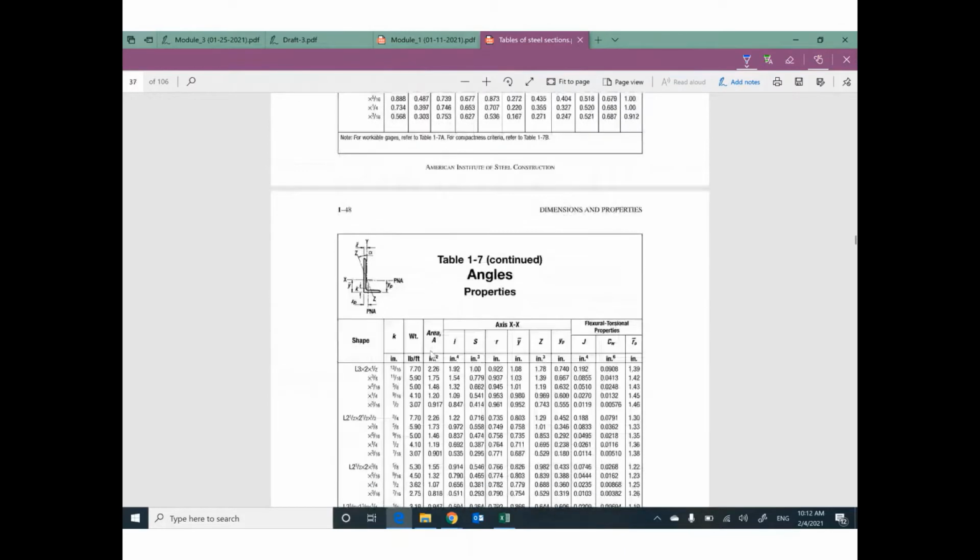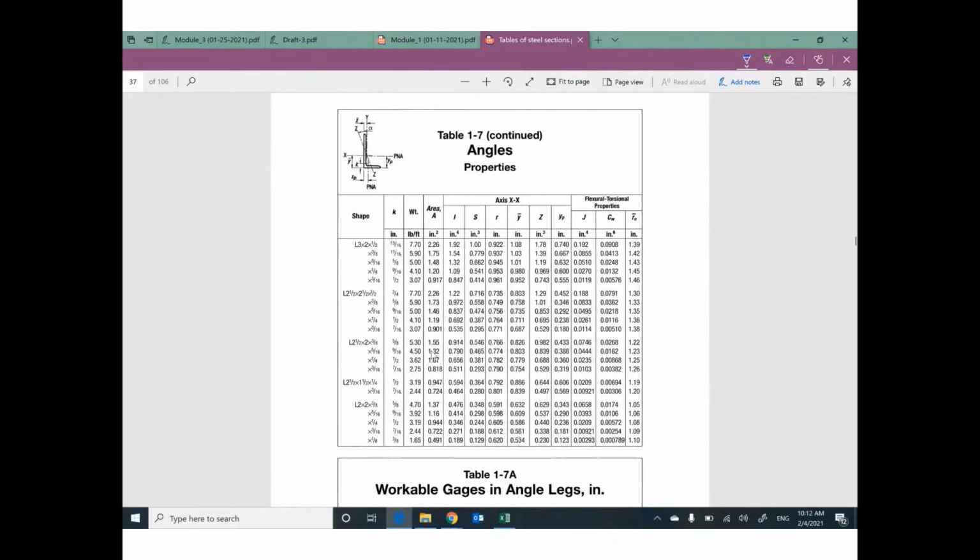Do we have 2 by 2? Yes, we have 2 by 2. Where is 2 by 2? 2.5 and 2.5, the minimum area 0.9. We need 0.6. Okay, 0.9 will be good.